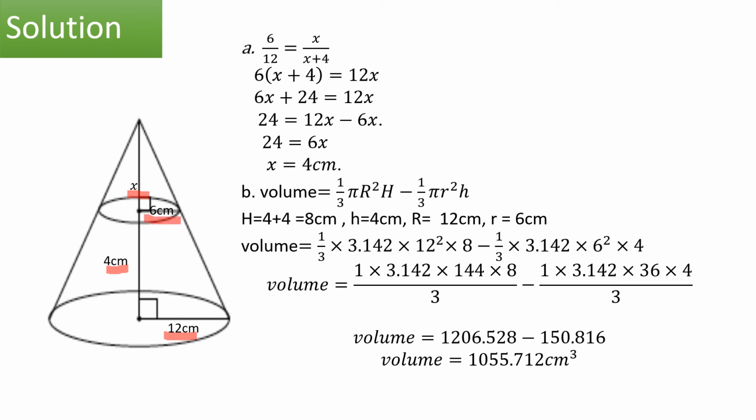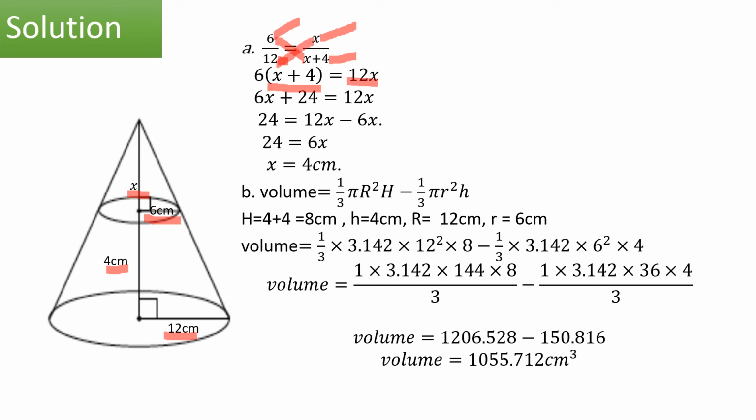So as usual, the radius of the cone cut off over the radius of the main cone is equal to the height of the cone cut off over the height of the main cone. So you do cross multiplication. 6 will multiply x plus 4, that is 6 times x plus 4, then 12 will multiply x, which is 12x.